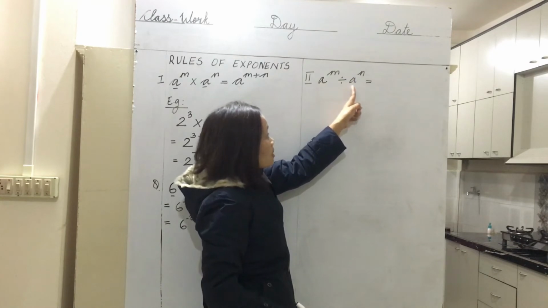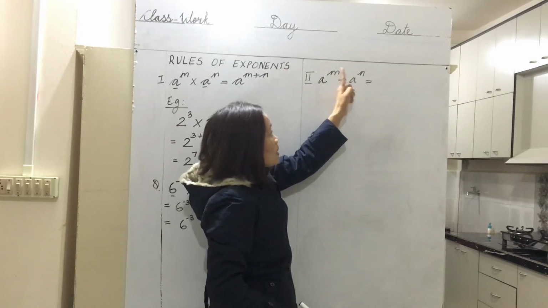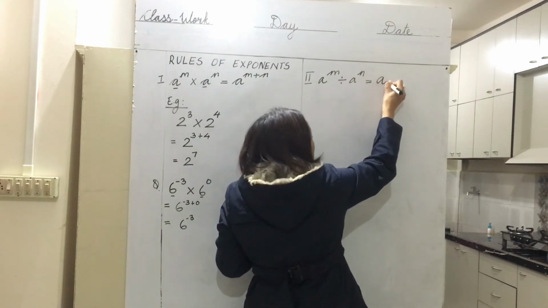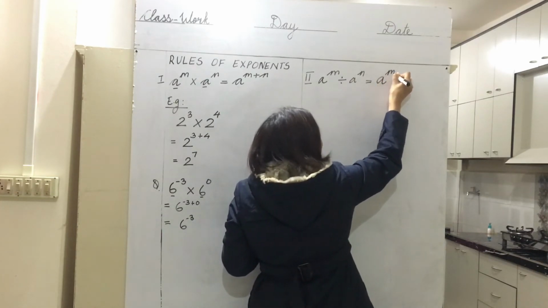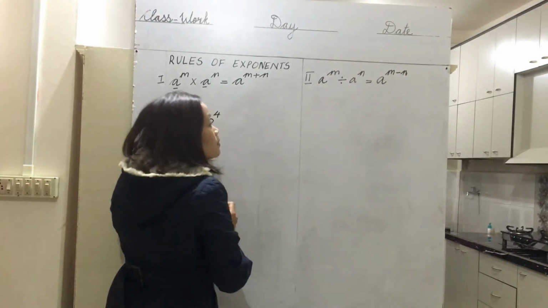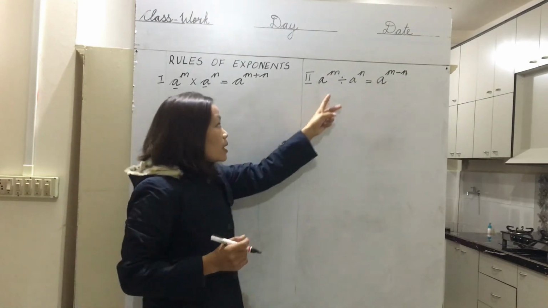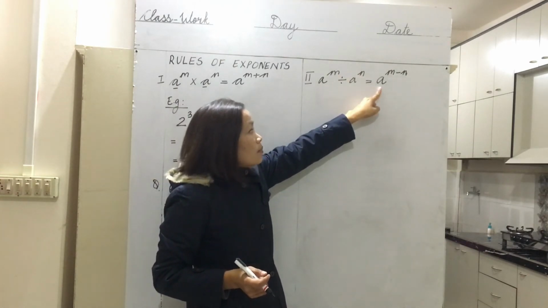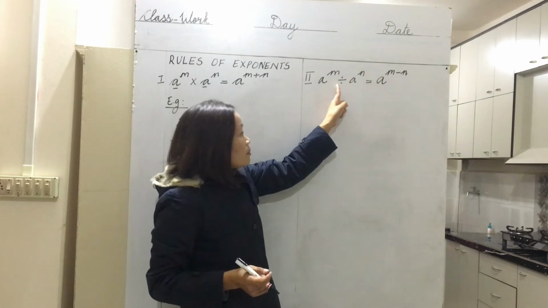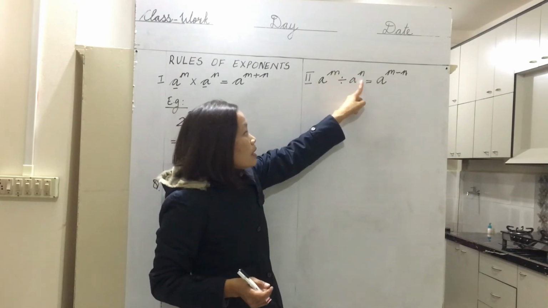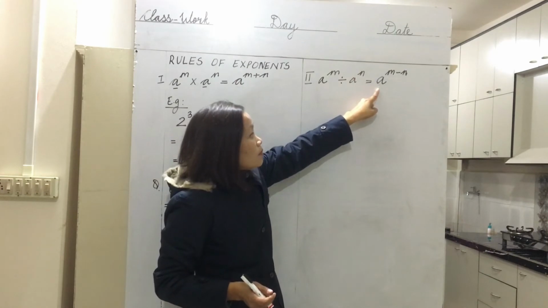This is how we do it. A to the power m minus n, right? This means when we have same bases with different powers, we will be subtracting their powers, right? Division, the bases are the same, and the powers we subtract them.